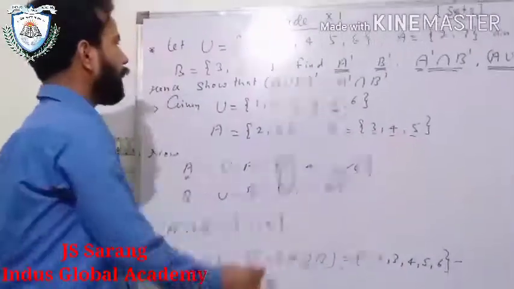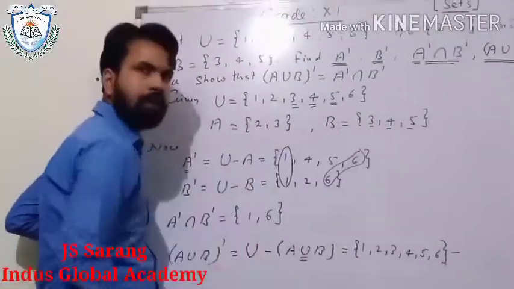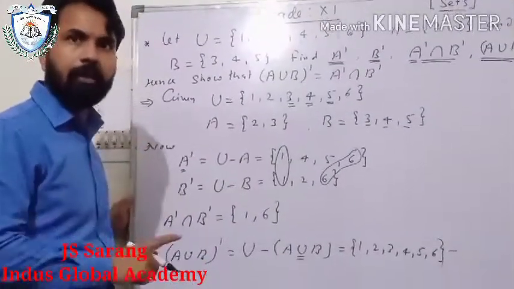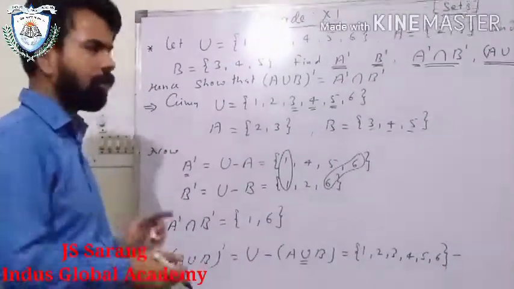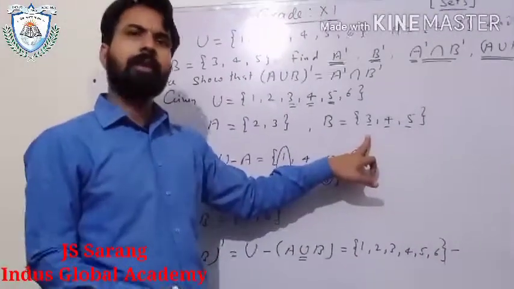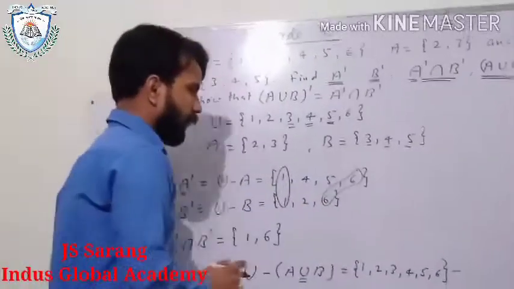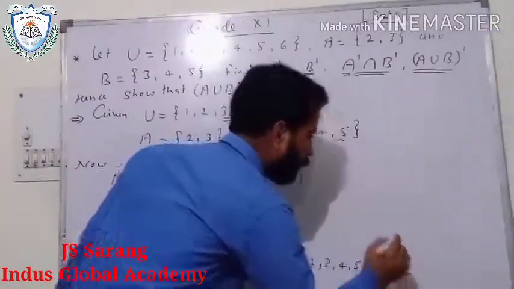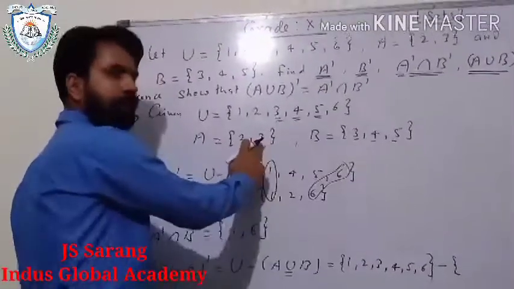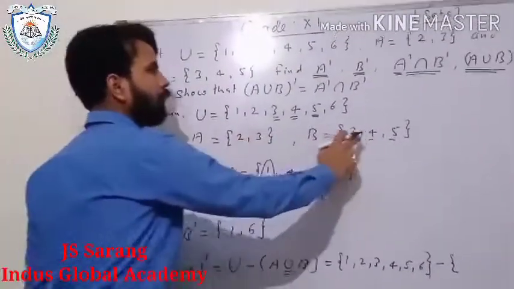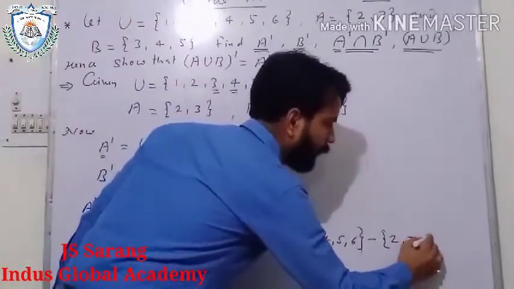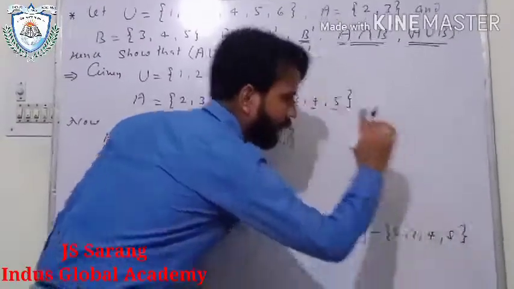So we will have to write all the elements of A and B together, and whatever is common, we will write that element only one time. So A union B will be 2, 3. 3 is also here, so 3 we will write only one time. So 2, 3, 4, 5. So the union of A and B is 2, 3, 4 and 5.